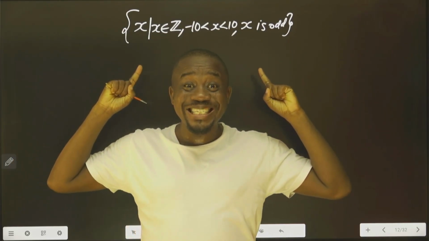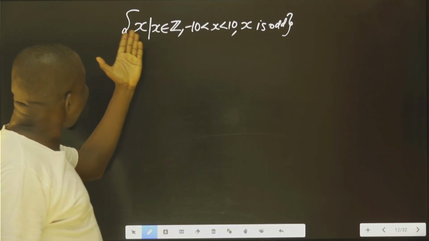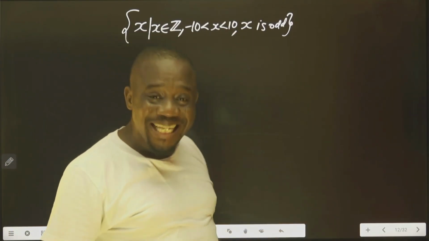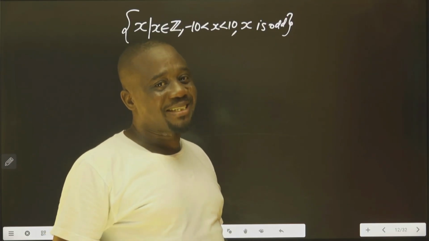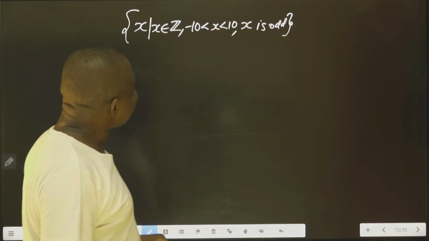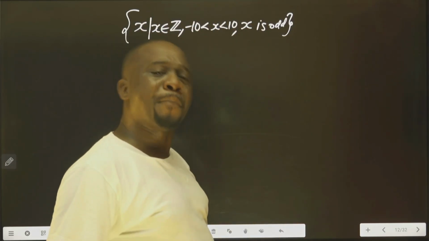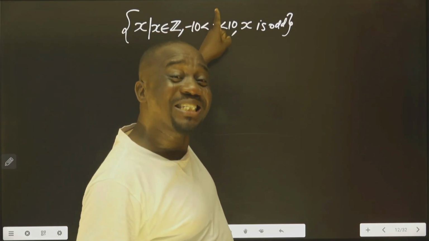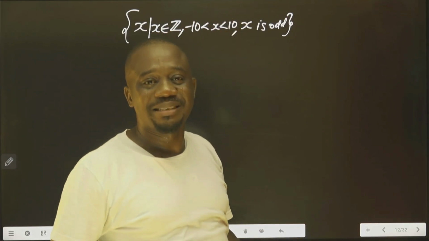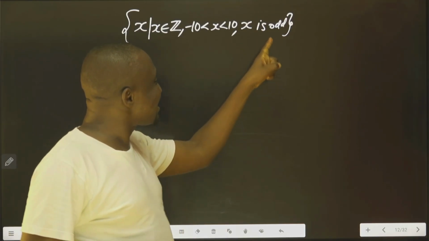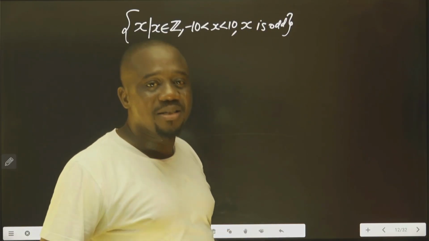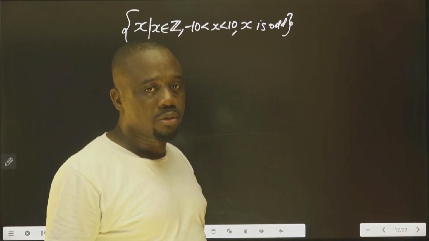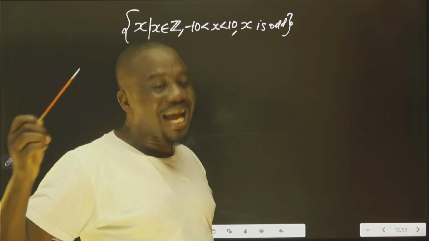Let's look at this. As you can see, S is an element of what? When you see this, this means integers. Okay? He said the integers are both negative and positive. All are greater than minus 10 and at the same time less than 10. And S is odd. That means all the integers we are going to consider are odd, between minus 10 and 10.